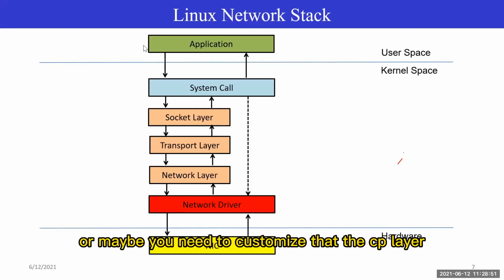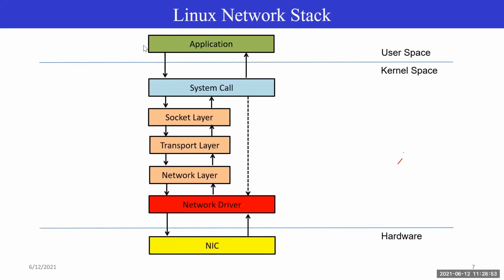Or maybe you need to customize the TCP layer, and need some more information based on the current status of the TCP session, or network statistics. Those can be achieved easily by implementing your own network module or kernel module, and correspondingly a new application which is running a new netlink socket.